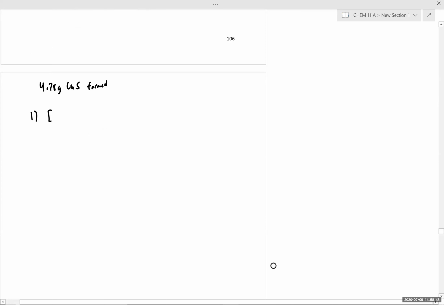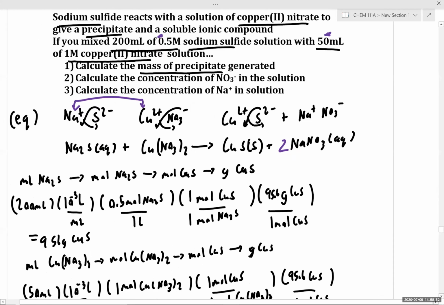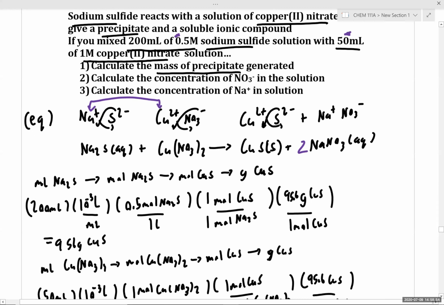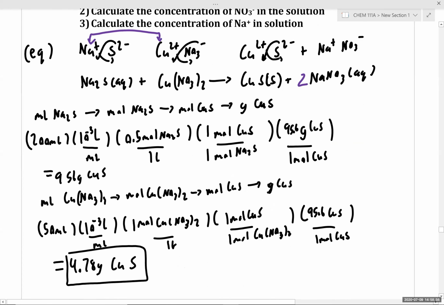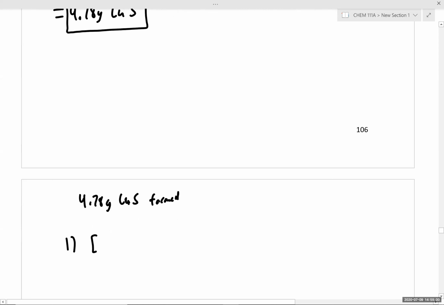So looking at this problem, we're next asked to calculate the concentration of nitrate in the solution. So we want to figure out the concentration of nitrate in the solution and the concentration of sodium in the solution.